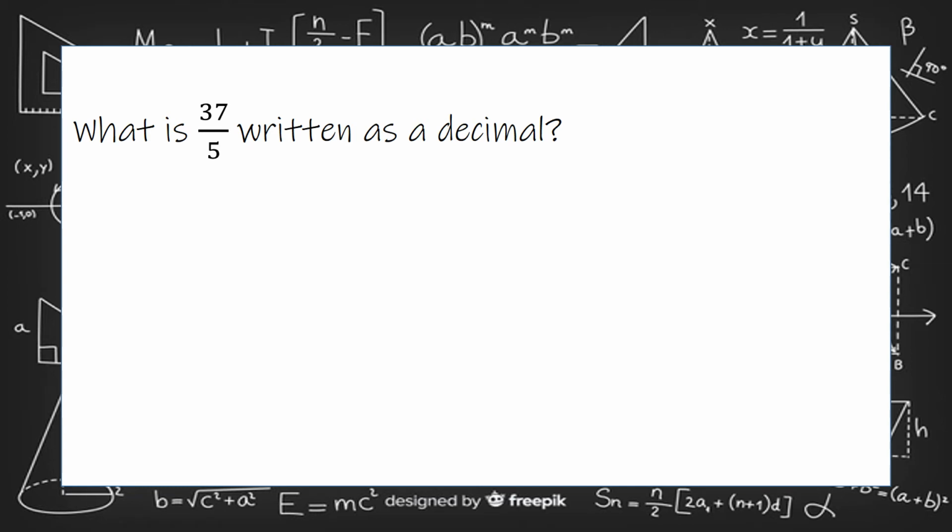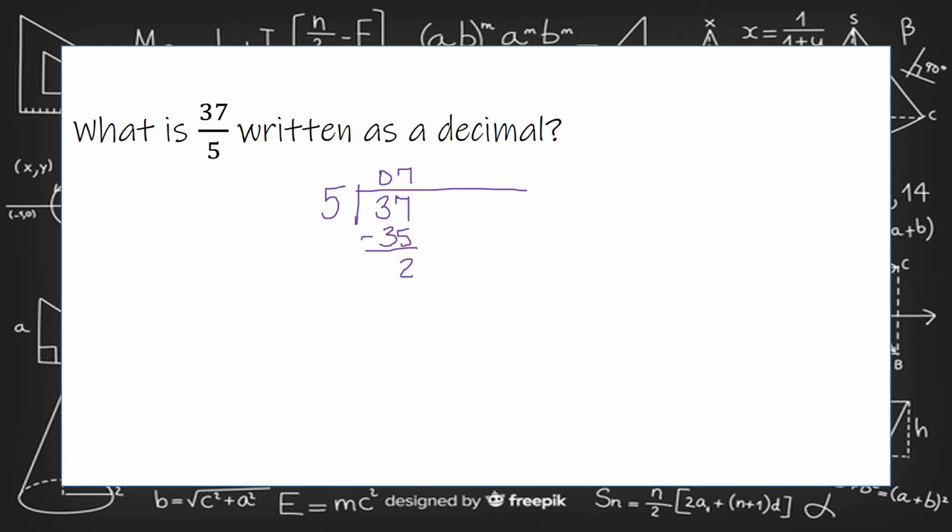What is 37/5 written as a decimal? So we're going to divide 5 into 37. 5 goes into 3 0 times. 5 goes into 37 7 times. 7 times 5 is 35. When I subtract, I get a 2.